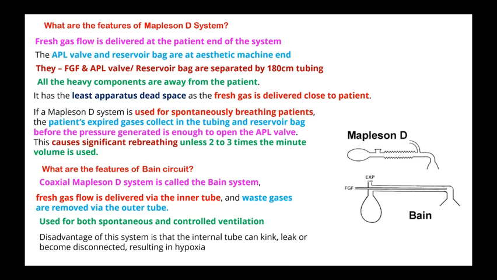So you have a special MRI brain circuit which is 5.4 meters in length, and because the fresh gas is delivered very close to the patient, the apparatus dead space does not matter even if you increase the length. Okay? That is the point that you have to remember.